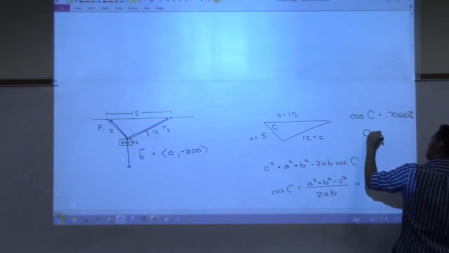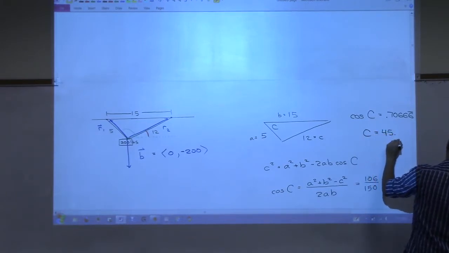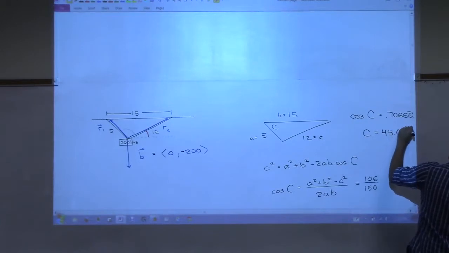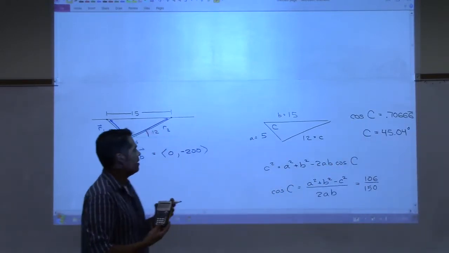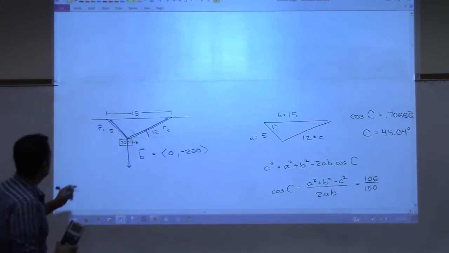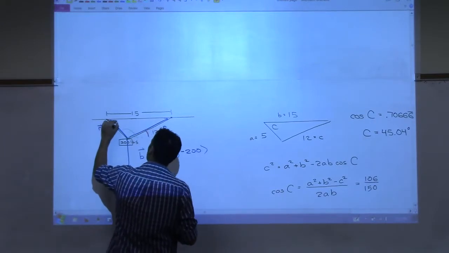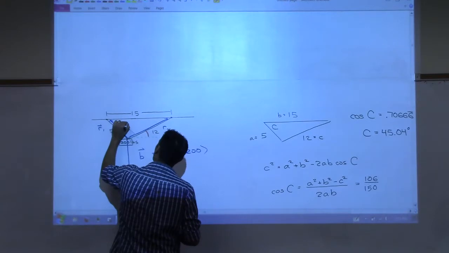It's not exactly 45 degrees. I'm going to go with 45.04 degrees. Okay? That's C. So in here, this angle right here is 45.04 degrees.